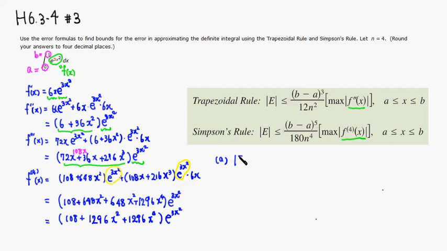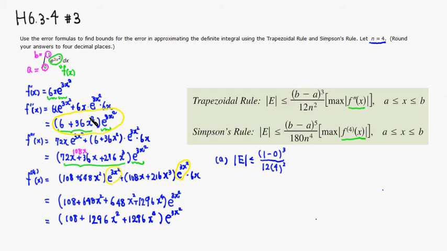So the error bound is going to be b minus a, so 1 minus 0, raised to the 3rd power, over 12 times n, which in this case is 4, squared, and then we want to find the maximum of the second derivative.